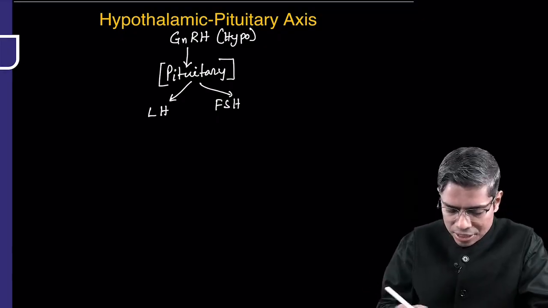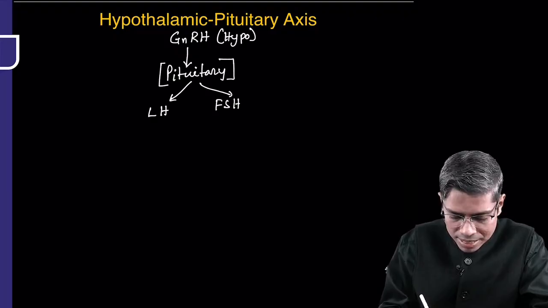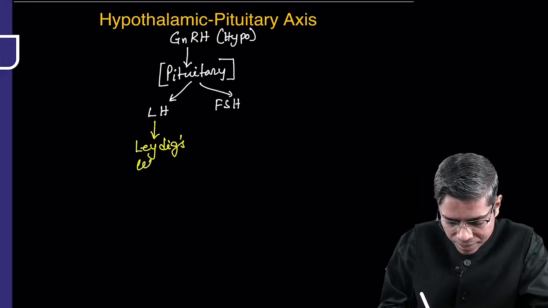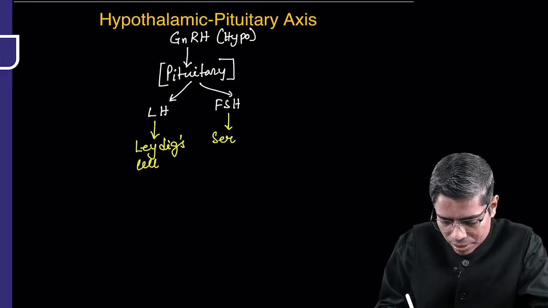Pituitary will produce two hormones, that is LH and FSH, right? Now this LH, we have seen, is going to act on Leydig cell, and FSH is going to act on Sertoli cell.